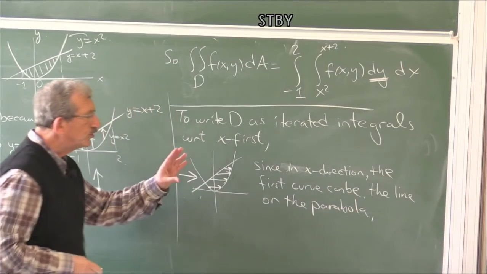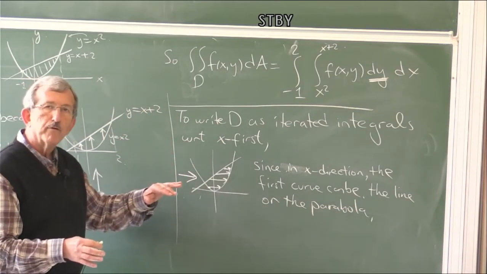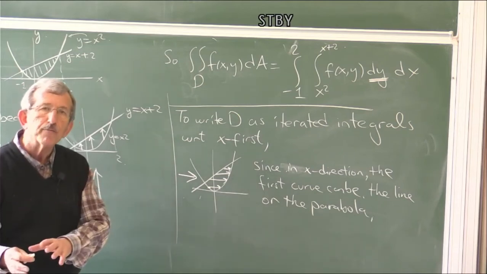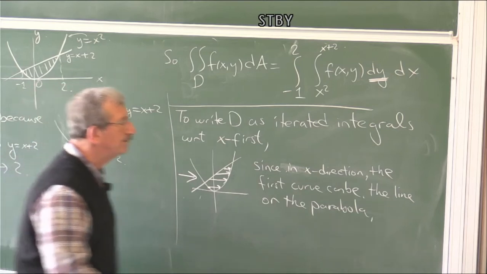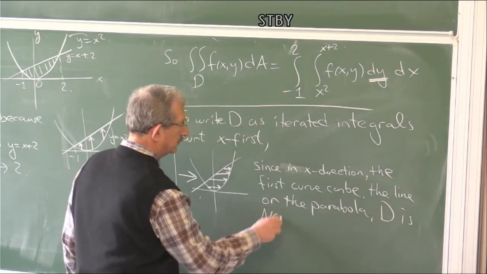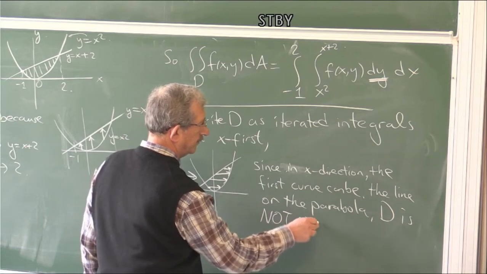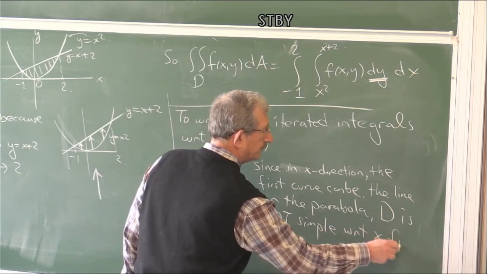So there is no one first curve and one last curve, but there are two pieces here, which means that D is not simple with respect to x first.